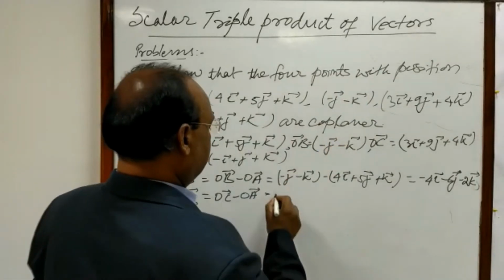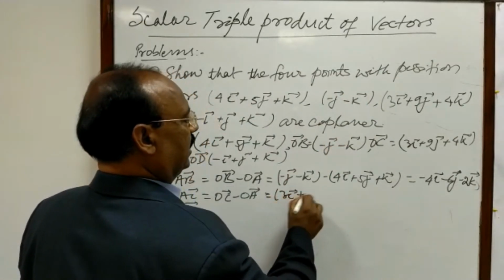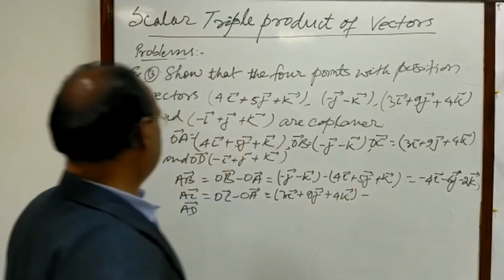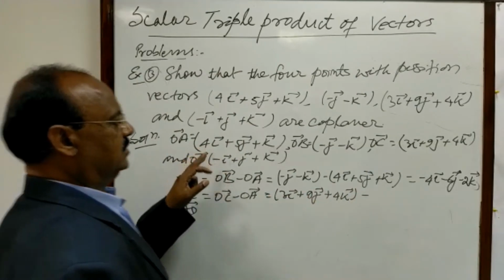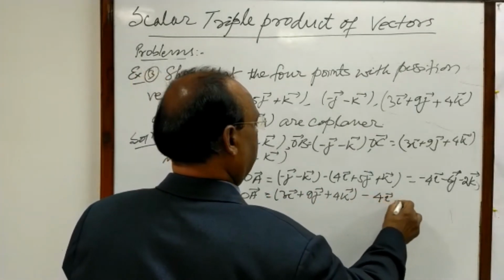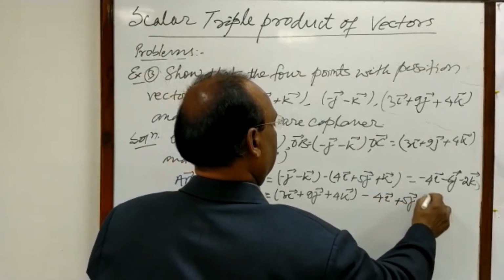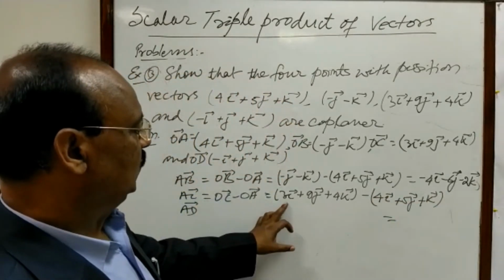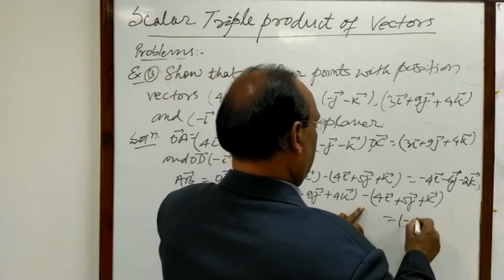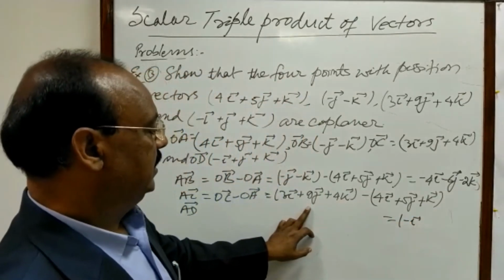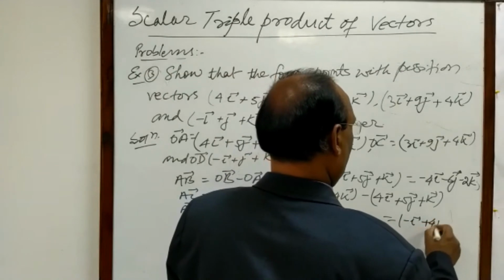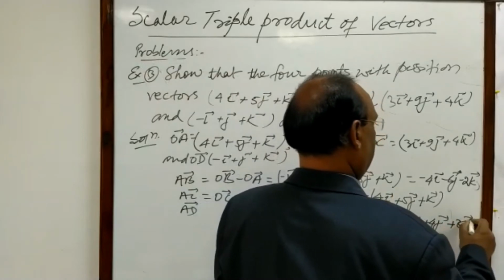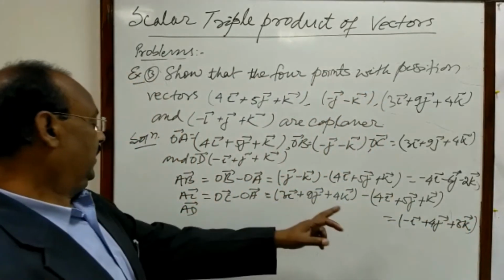So here OC is 3i plus 9j plus 4k minus OA, OA is 4i plus 5j plus k. So this is equal to 3i minus 4i, minus i, 9j minus 5j, 4j and 4k minus k, this is 3k. This is vector AC.